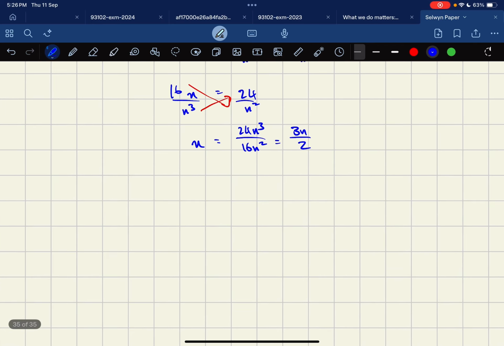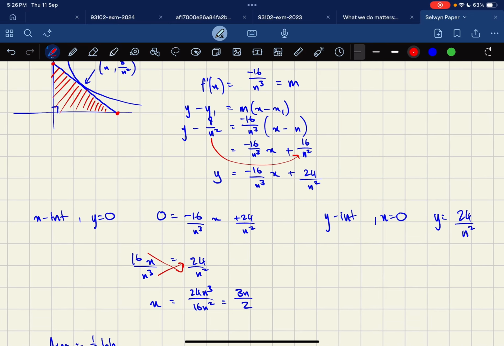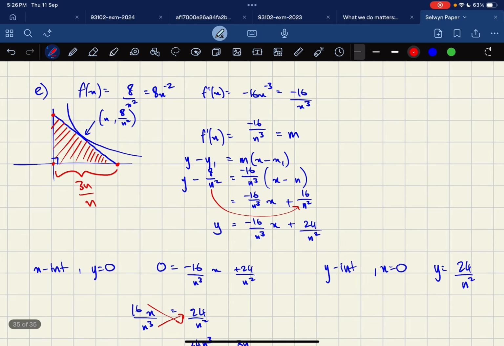Okay, so my area now is half of the base times the height, and the base is the distance from the origin to the x-intercept, which we just calculated as 3n over 2. And then similarly, the height, that is from the origin to the y-intercept, which we just said is 24 over n squared.